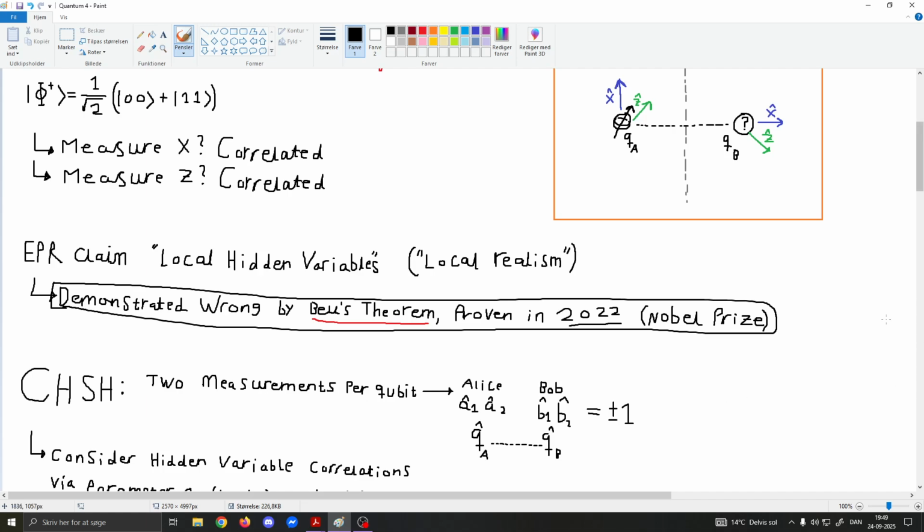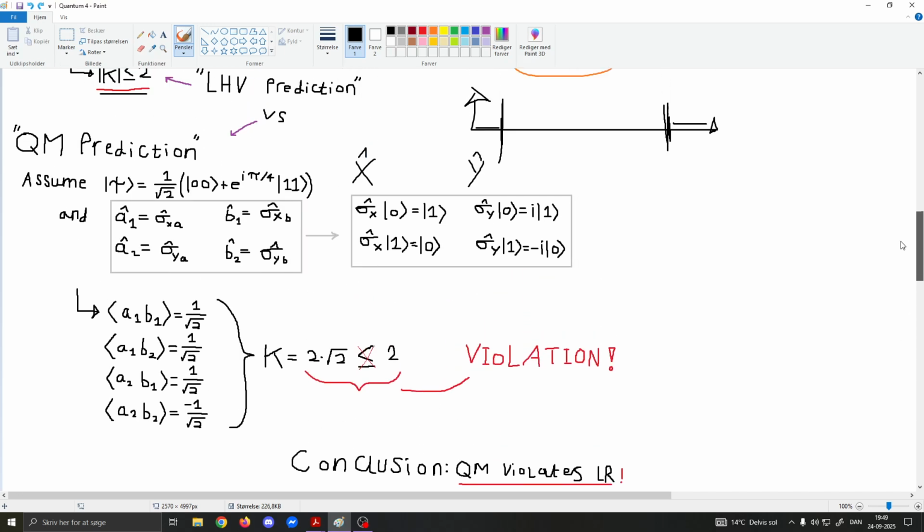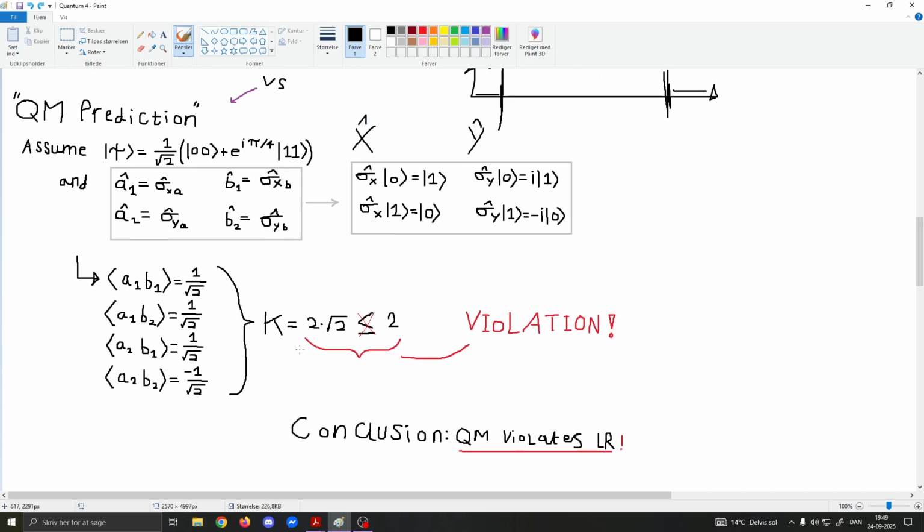I can't remember if they did a slightly different setup, but in essence, they measured a result which came out like this. In other words, they demonstrated the inequality in their experiment.